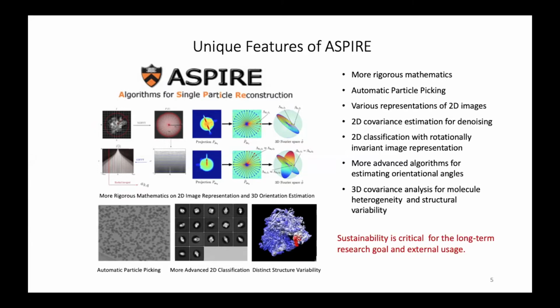Generally speaking, the related algorithms were proposed by mathematicians and have more rigorous mathematical representation. However, accessibility is critical for the long-term research goal and external usage. So we are developing the new Python package to address this problem.